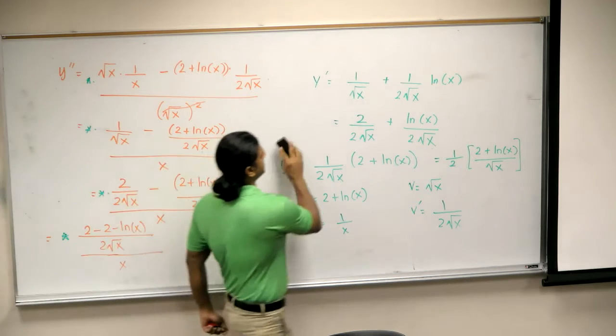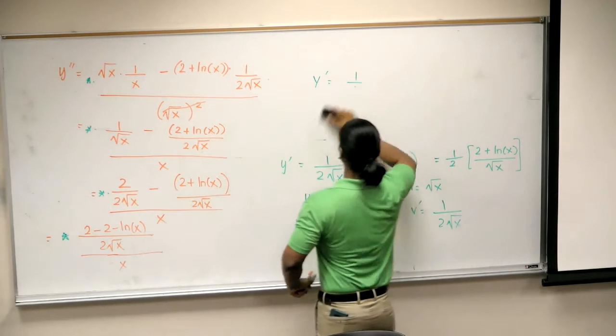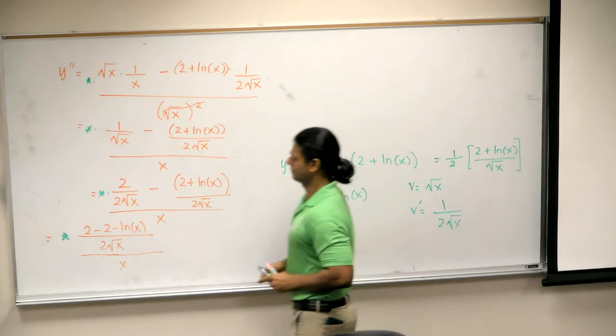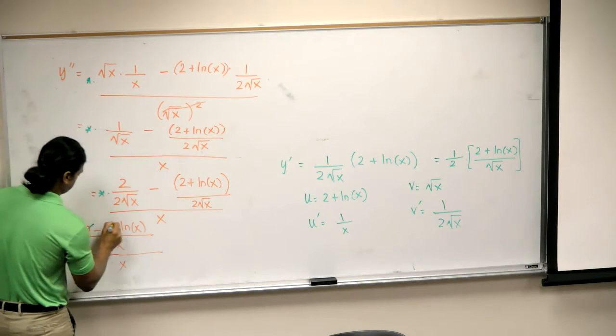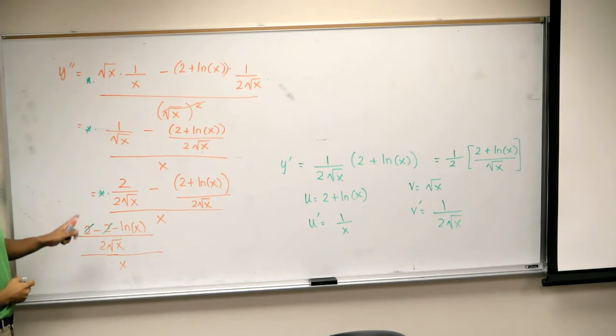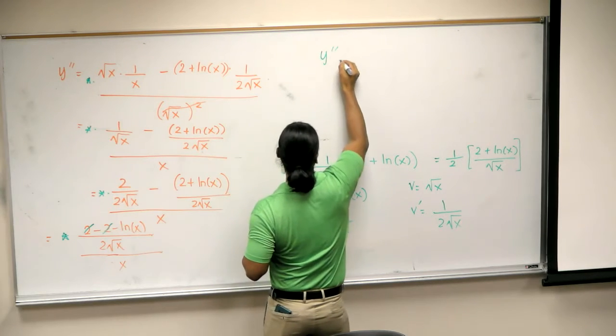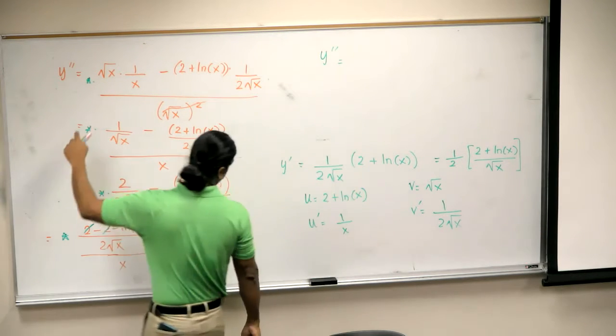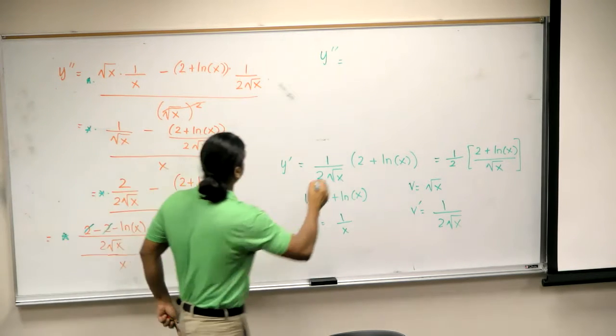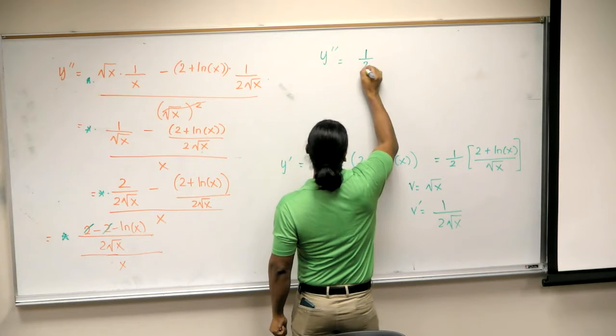What happens to the 2 and the -2? Get cancelled. So y double prime would be equal to the 1/2 that's out in the front.